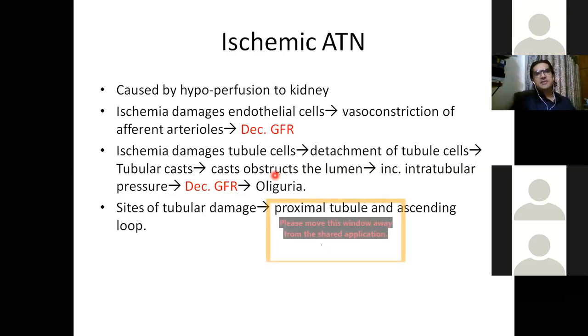The second thing which the ischemia does is that ischemia causes damage to the tubular epithelial cells, right? As a result of damage, these tubular epithelial cells die and are shed into the lumen of the tubule. This is an abnormal thing in the lumen of the tubule, right?